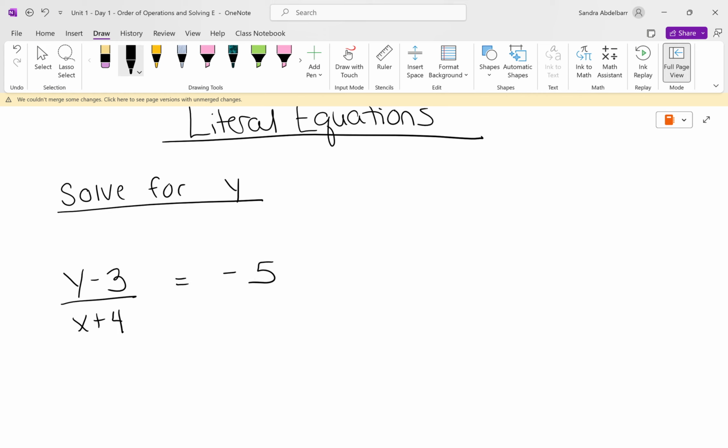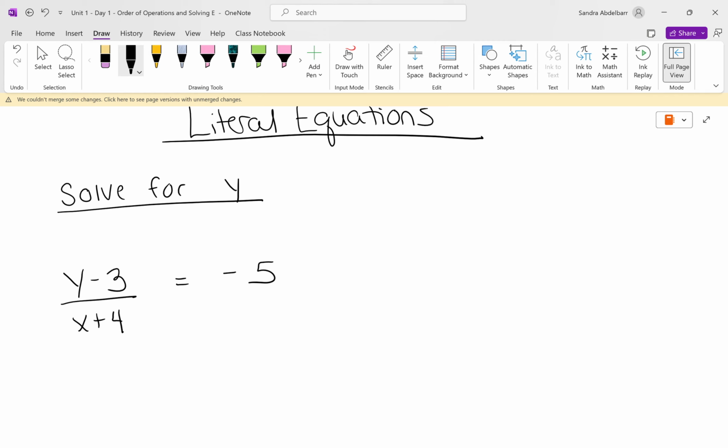So I have y minus 3 over x plus 4 equals -5. When you have literal equations, it means you have a whole bunch of different variables and you're solving for one variable in terms of the other variable. So I can say, solve for y in terms of x. Or represent y in terms of x. That means solve for y.